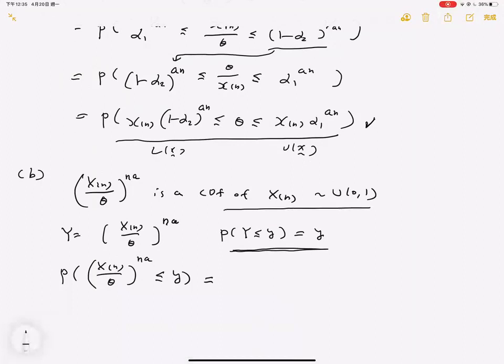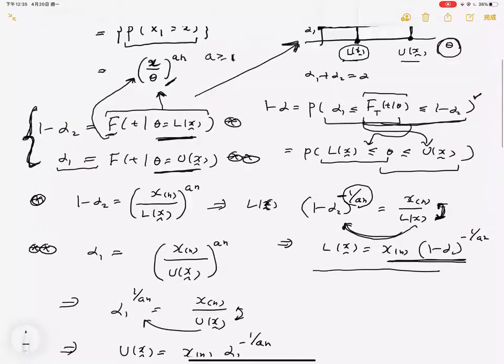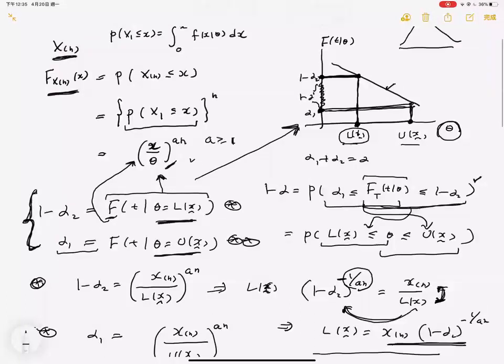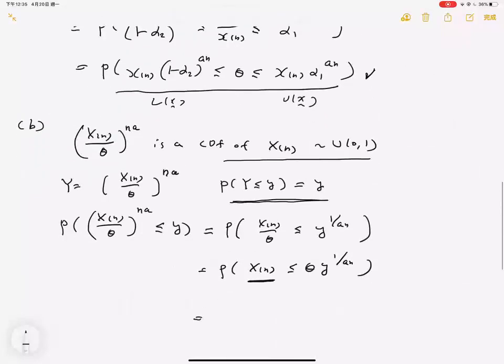Or you could just say right here, you're taking the pivotal, right? Xn divided by theta, then with y, then an, right? And then that equals the probability x1 smaller than theta y1 over an, right? And you do know xn's CDF right here. This is xn's CDF, which means you plug in what your right hand side is.